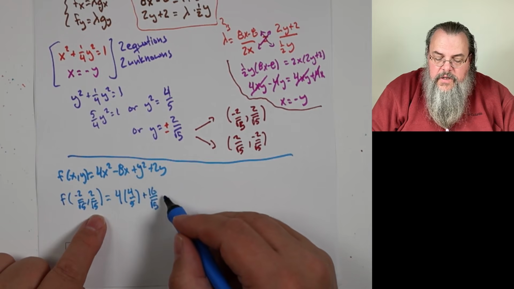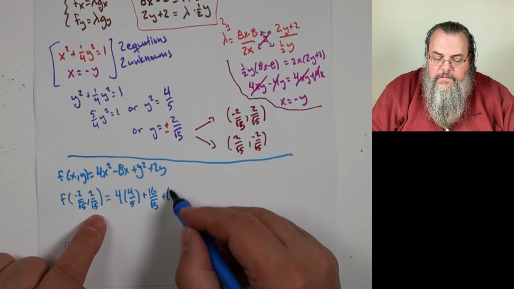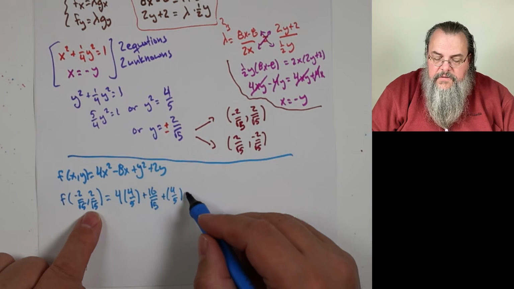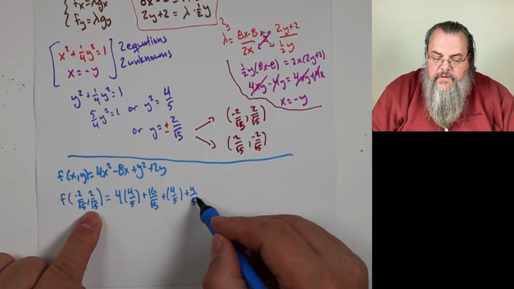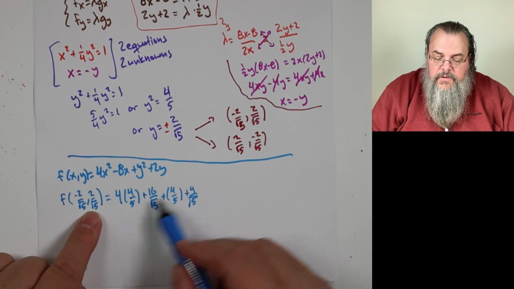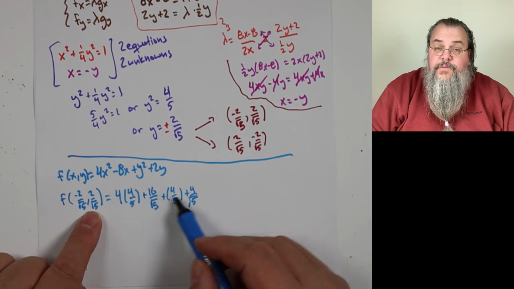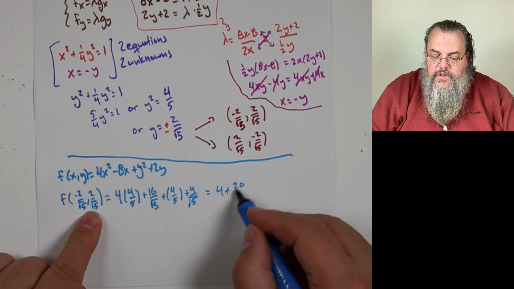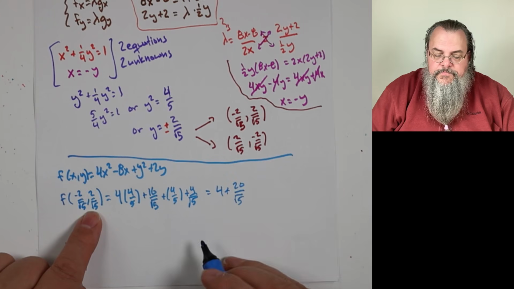Y squared, that's again a 4/5. Then plus 2 times 2 over root 5, that's a 4 over root 5. And so if you put that together, we get 16 over 5 plus 4 over 5, that's 20 over 5, which is 4, plus 20 over root 5.